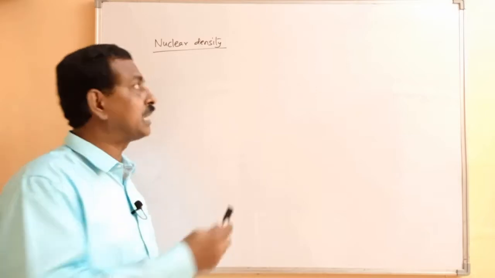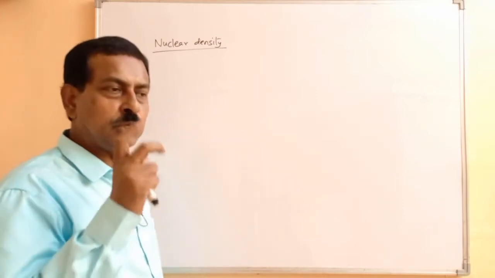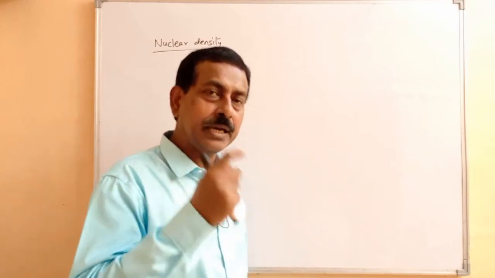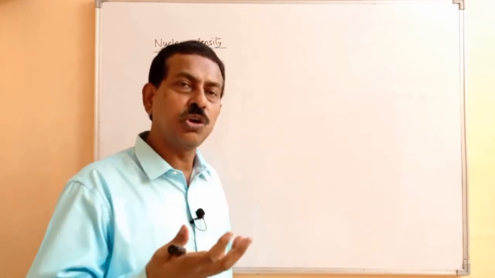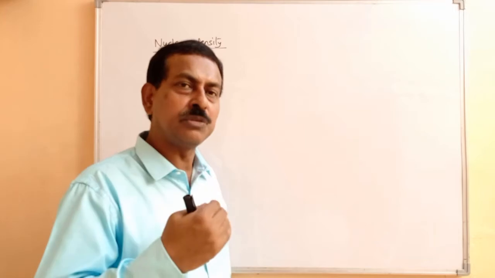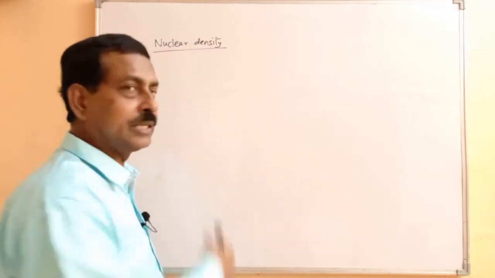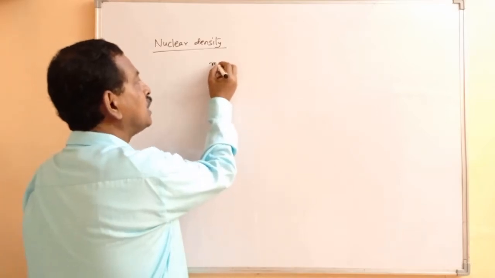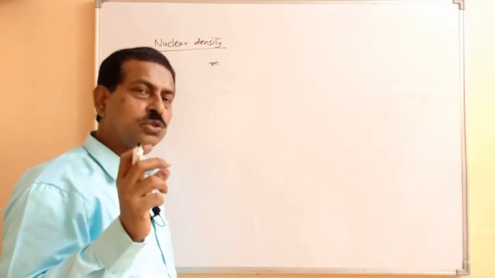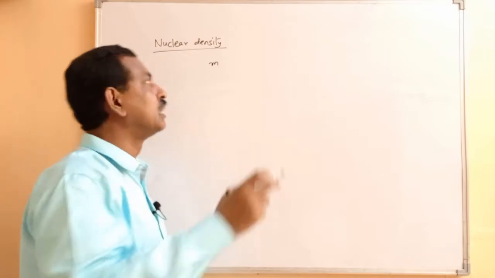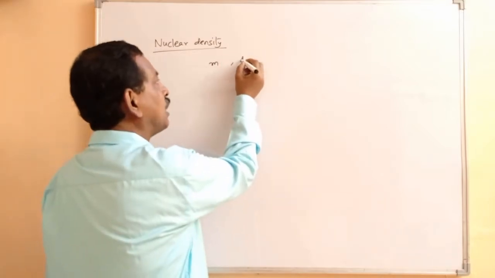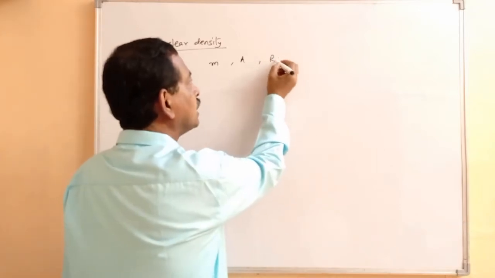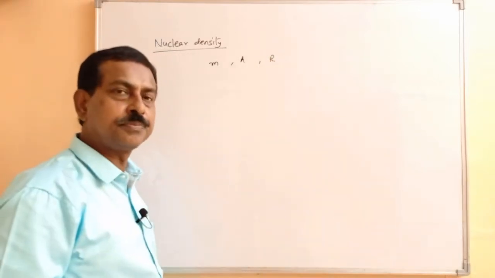Let's take another term, the nuclear density. It will be basically nuclear mass per unit volume. And there we can take the mass of the nucleons per unit volume as nuclear density. So suppose I take that M is the average mass of a nucleon, A is the mass number, and R is the radius of the nucleus.